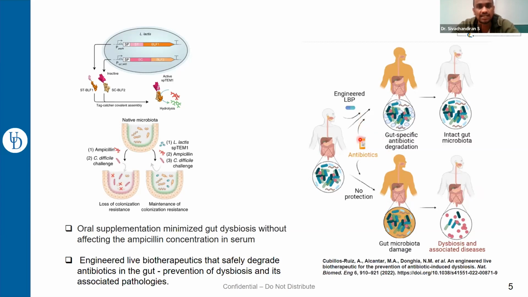But when they did the antibiotics along with the engineered Lactobacillus, they haven't seen the death of the good microbiota in the stomach, because the antibiotics do not necessarily just kill the bad bacteria. They are also harmful for the good bacteria that are present in the stomach. They studied the mouse model. They have seen just the ampicillin alone.